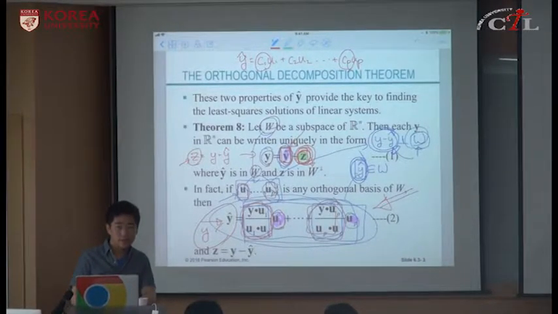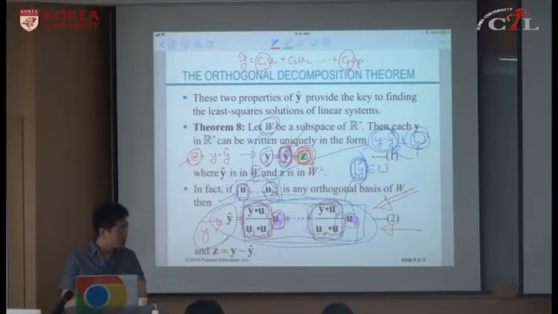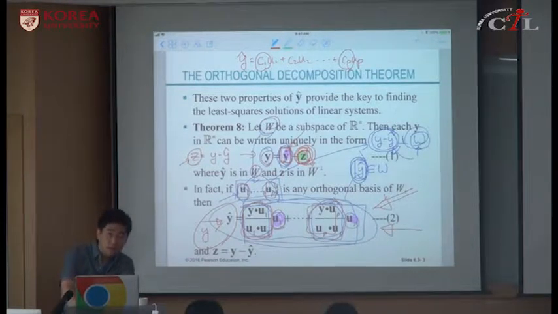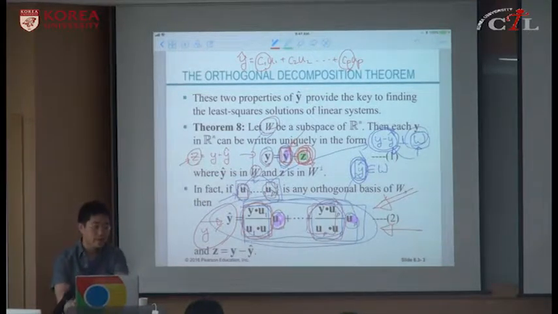As long as they are an orthogonal basis for our subspace W, we can always represent this linear combination, which is our y hat. Once you compute y hat by following this equation, you can always obtain this solution y hat.